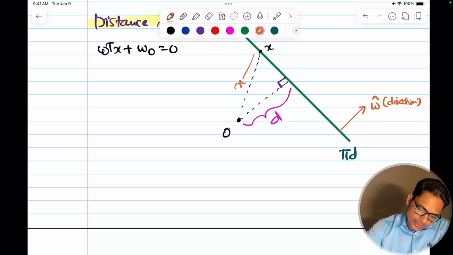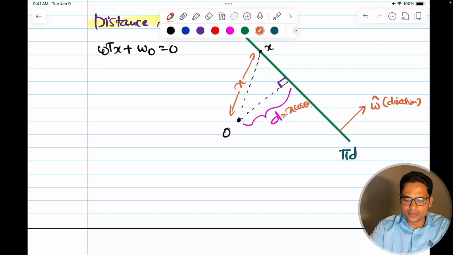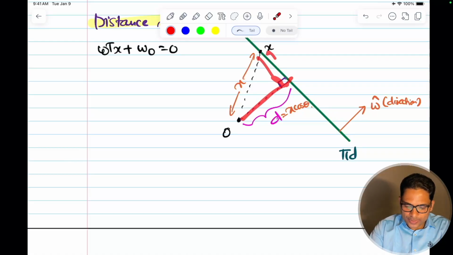This is x here, and this is theta, so what will be this d? D will be equal to x cos theta, right? Simple. This is your hypotenuse, this is your base. So this will be the projection of this on this line. So this is the distance, x cos theta.